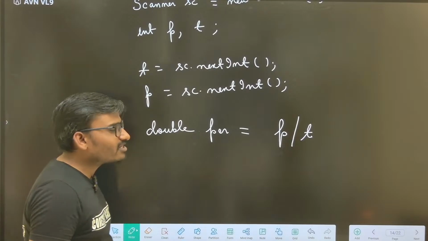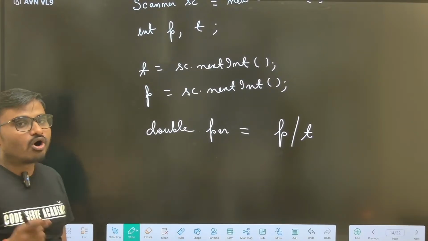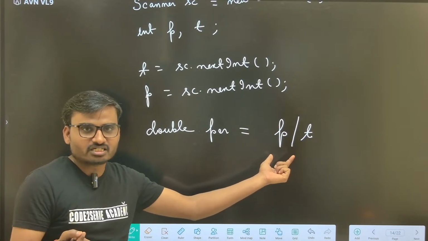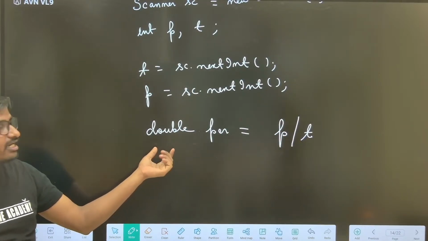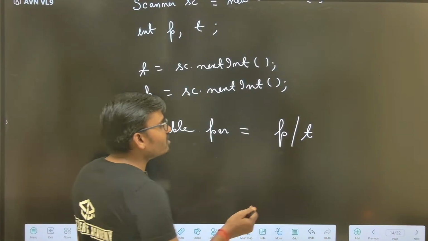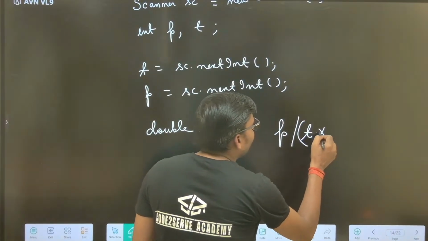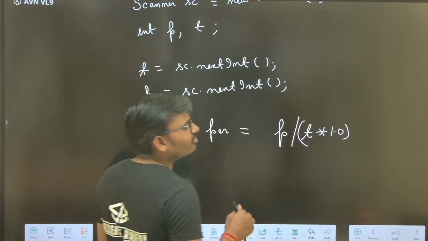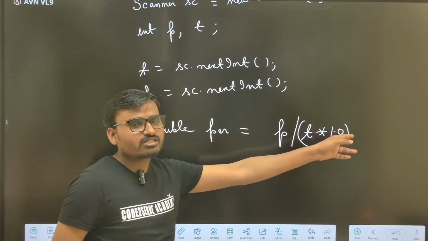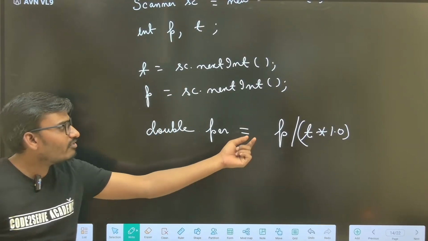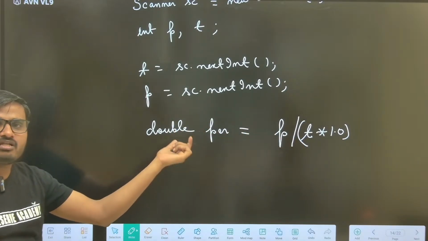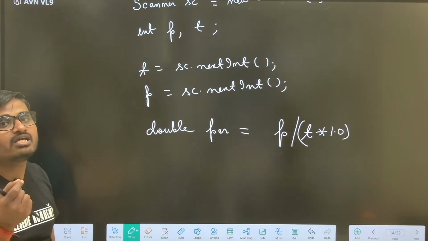So for the safer side, you multiply the denominator with 1.0. Now this t will become double, and whenever you divide an integer with a double, your result will always be a double. That means you will have the value in decimal point.